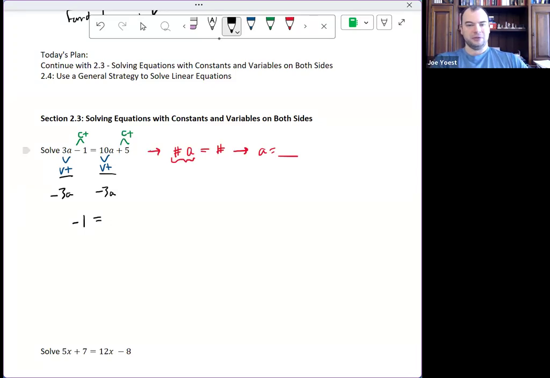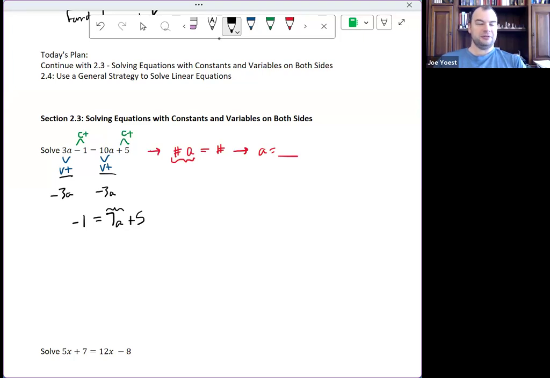That's equal to, and on the right side, I have 10a minus 3a is 7a plus 5. So I look at my equation now, and I only have one variable term, the 7a, across my whole equation. So I've gotten my variable terms all combined together under a single variable term.